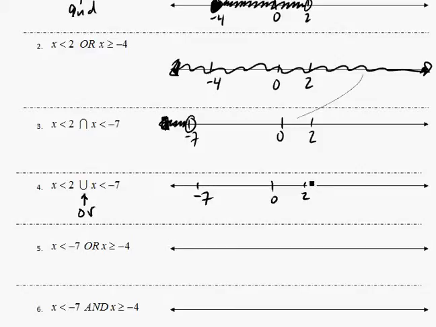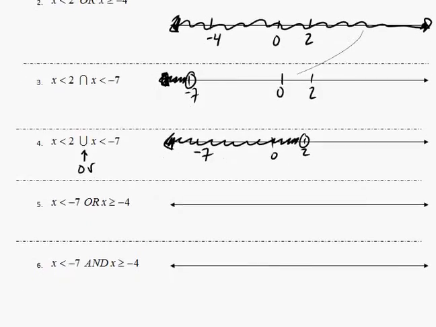That would include all of the numbers to the left of 2. Because all of the numbers to the left of 2 make one or the other of these inequalities true. It doesn't need to make both inequalities true, just one or the other. And all of the numbers to the left of 2 are either less than 2 or less than -7.